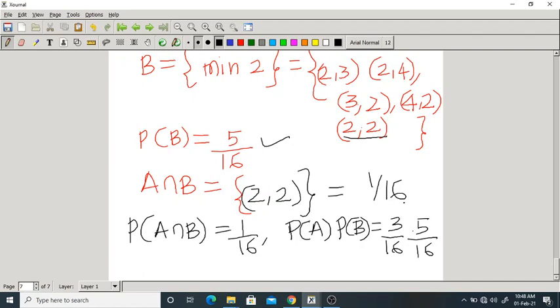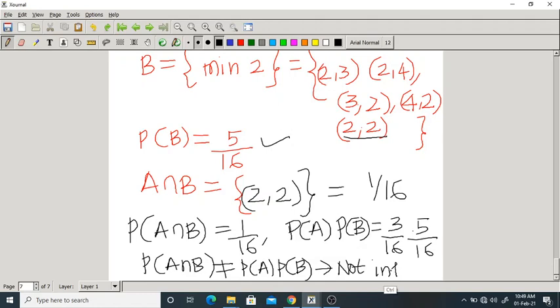Here you can clearly see that the probability of A intersection B is not equal to the probability of A into the probability of B, which means not independent.